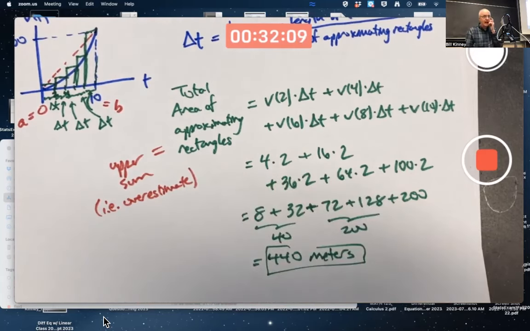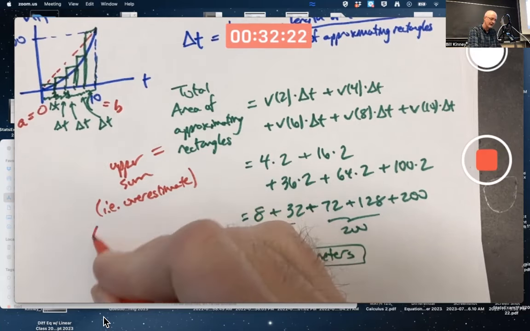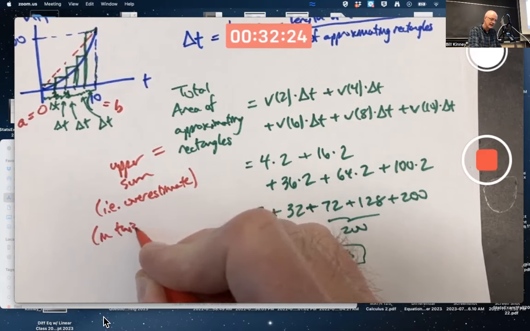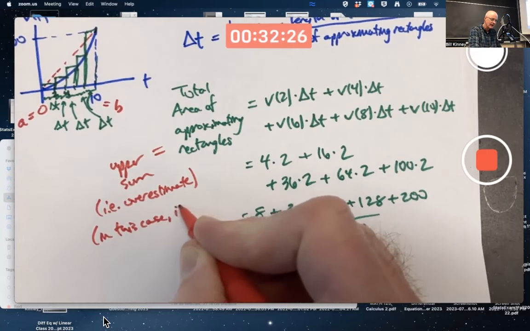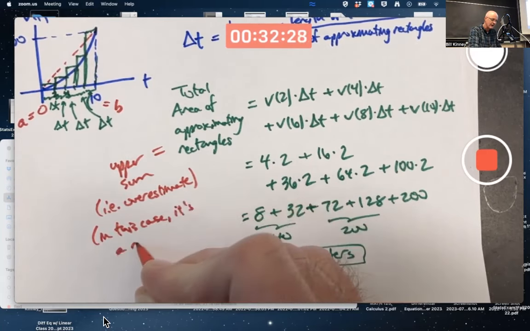It's got yet another name that's related to the fact that in each subinterval, I was using the right endpoint to figure out the height of the rectangle. Because of that, it's also called a right-hand sum. In this case, it's a right-hand sum.